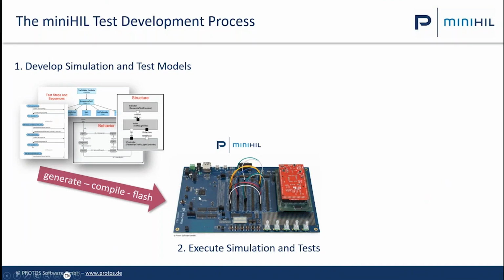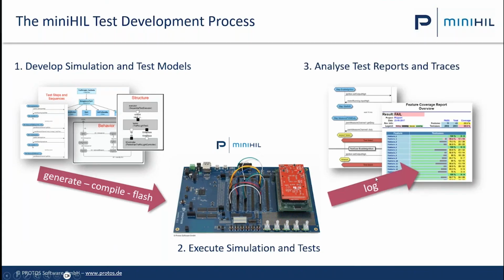Now the tests run and the environment simulations run and stimulate your system under test and check whether everything is okay. Then we get the logs. While it's running, we get the logs and we transform the logs from the test cases into diagrams. The diagrams are really good because we as human beings understand graphical diagrams a lot better than a text log, for example.